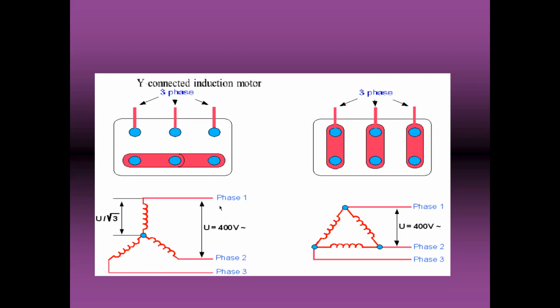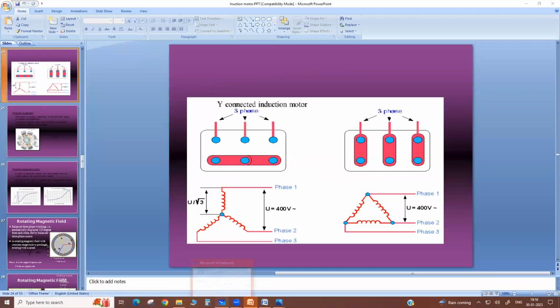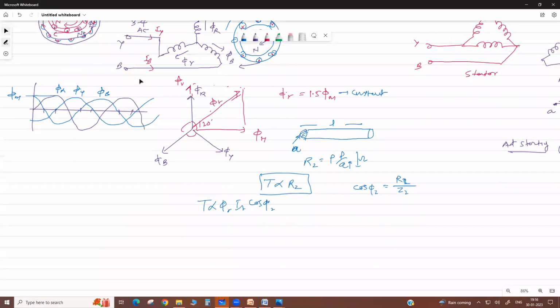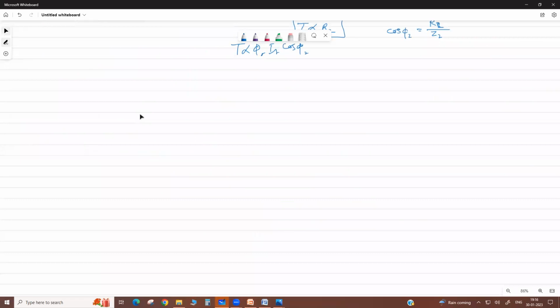There was one practical question. When we connect the motor, suppose this is your starter panel, this is your starter, it is a DOL starter, and this is your motor. So this motor is connected.